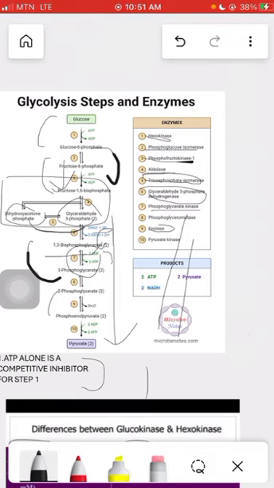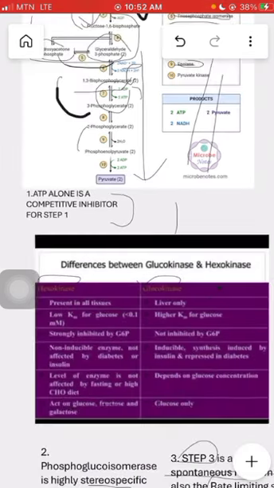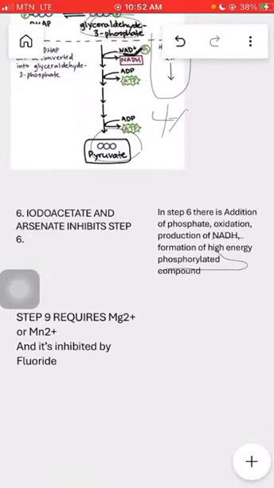Remember that the enzyme that catalyzes step 8 is called phosphoglyceromutase. I didn't talk about that. It is the enzyme that converts the 3-phosphoglycerate to 2-phosphoglycerate. And in step 9, the enzyme is called enolase. It is converting the 2-phosphoglycerate to phosphoenolpyruvate.